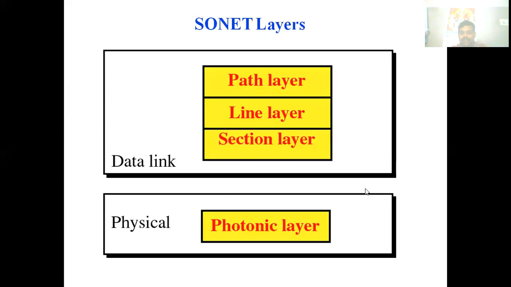Now SONET layers. SONET has 4 layers: the path layer, line layer, and section layer. These 3 layers are present in the data link layer, and the photonic layer is present in the physical layer. These are the 4 layers of SONET.